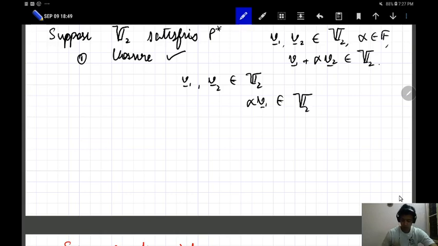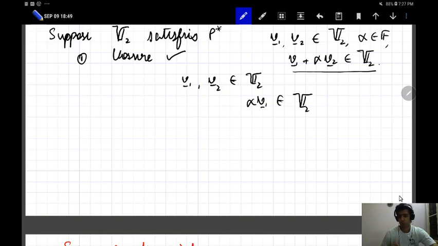We can simply take V1 to be the 0 vector, right? So even before that, can you always conclude that the 0 vector is in capital V2? If this property is satisfied, can you always say that the 0 vector is in capital V2?